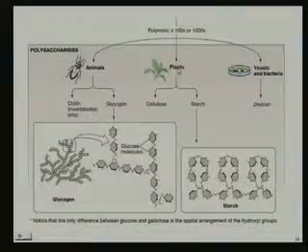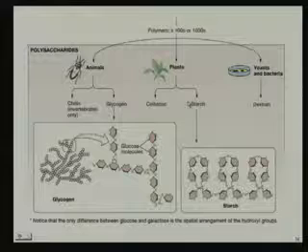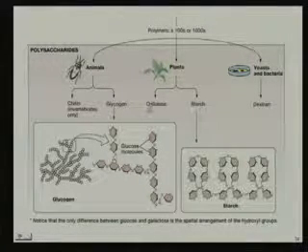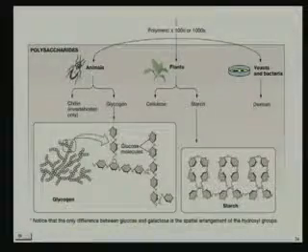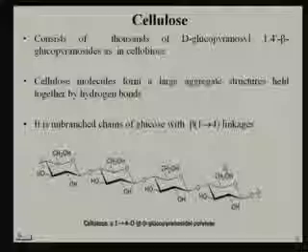In case of plants, cellulose and starch are examples of polysaccharides. Cellulose has beta 1,4 linkage and starch has alpha 1,4 and 1,6 glycosidic linkages.